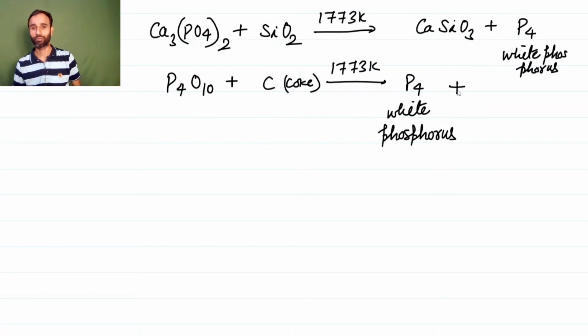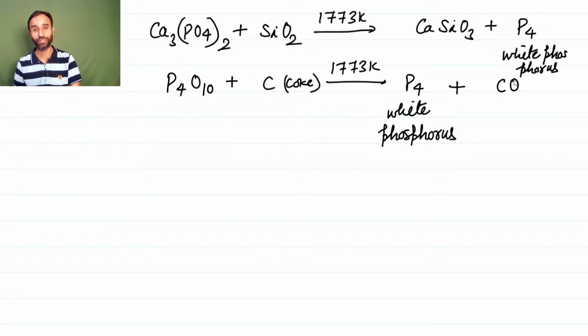Very good, Prasad. Carbon monoxide, keep in mind, whenever carbon reacts with oxygen at very high temperature, there is a formation of carbon monoxide only. Carbon dioxide is not formed because carbon monoxide is more stable at high temperature, thermally more stable at high temperature than carbon dioxide.